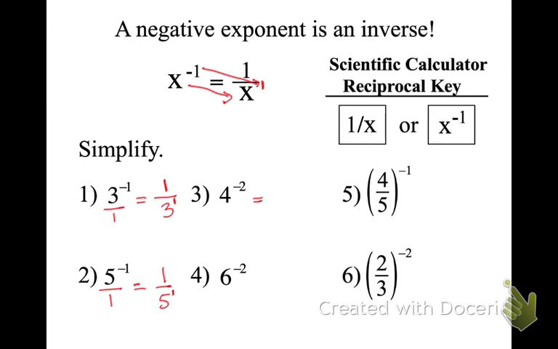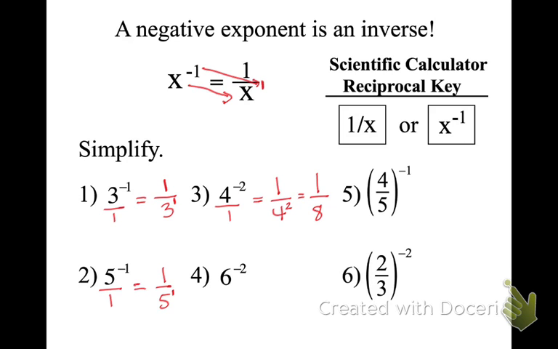The next one is going to be 1, right? Everything's naturally over 1. 1 over, notice I'm taking the reciprocal, 1 over 4 to the second power, but that's not simplified. So I have to go 1 over 8.